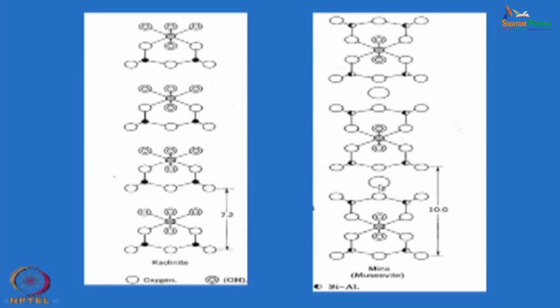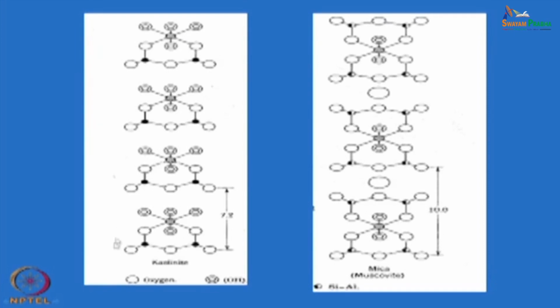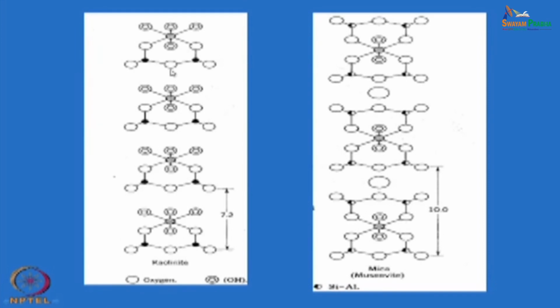These ions are normally alkali ions like potassium or sodium, mostly potassium or sodium, and depending on whether it is a potassium ion or sodium ion, you have 2 different compounds of mica. In the case of muscovite mica, it is potassium, and sodium mica is also available. So, these are the differences between 2 different kinds of sheet silicate structures.